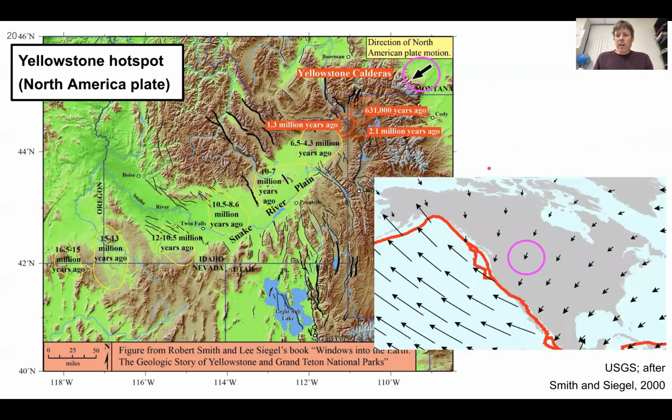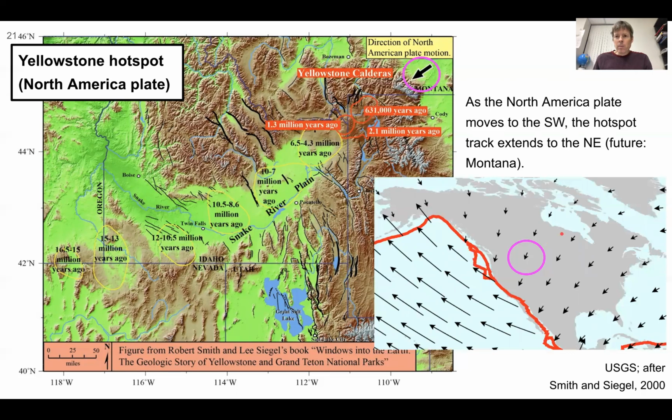So if we extract our little piece from our global velocity model or plate motion model, we see that these arrows are small. So North America is not moving very much, as we saw earlier, but it's moving approximately to the southwest. So as the North America plate moves to the southwest, the hotspot track extends to the northeast.